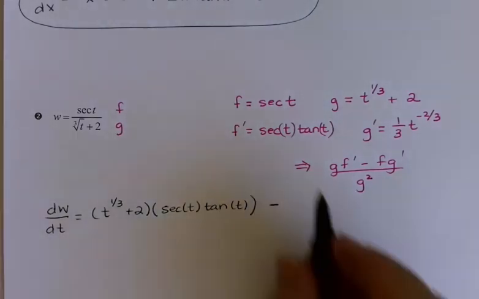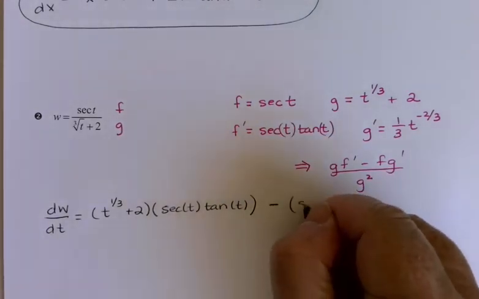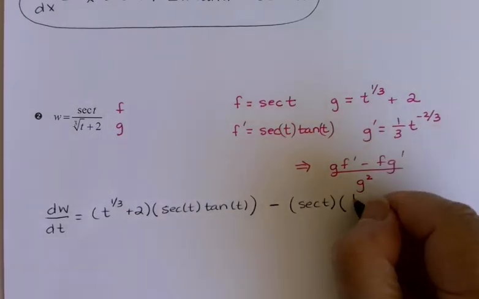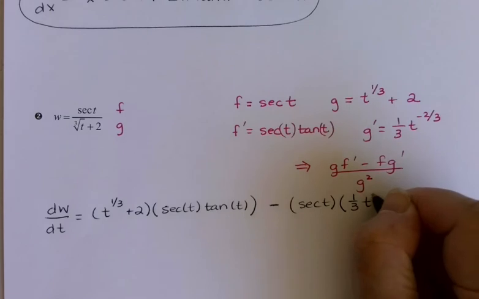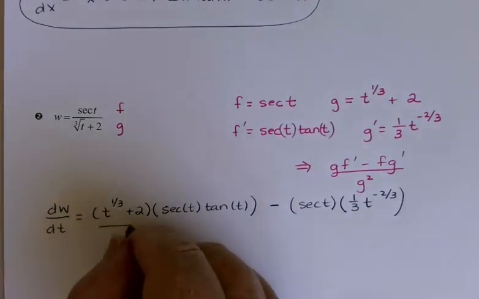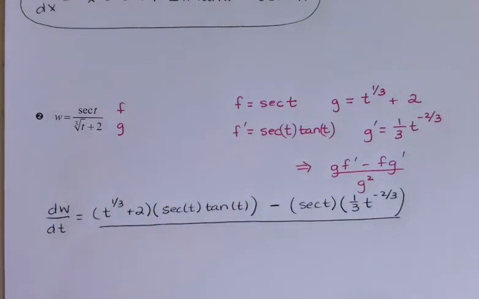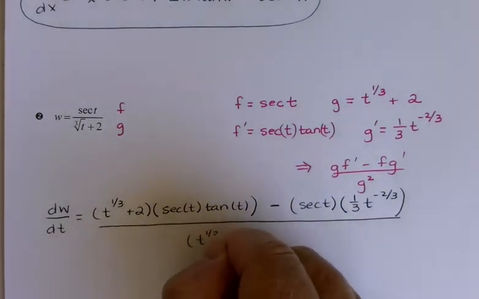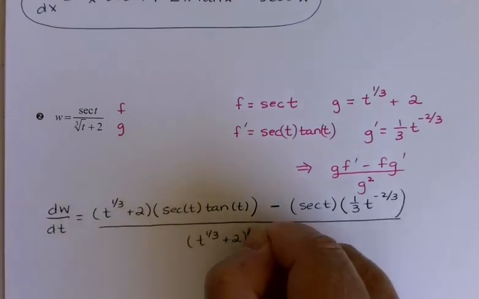Subtract f, secant t, times g prime, 1/3 t to the negative 2/3, over g squared: t to the 1/3 plus 2, squared.